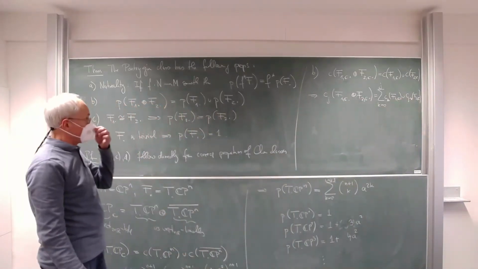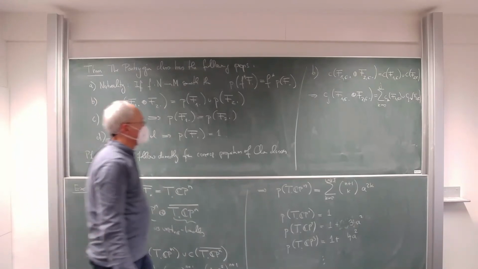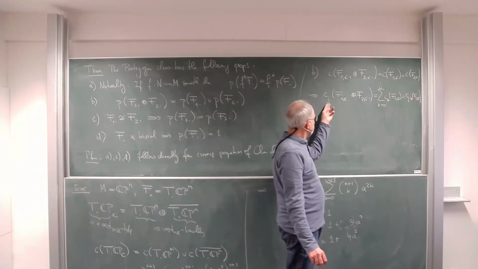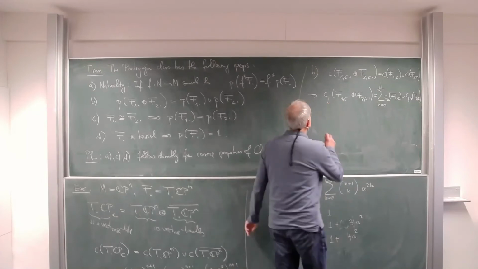And now let's see what happens if we pass to Pontryagin classes. For Pontryagin classes, we only need to consider the case where j is even, right?